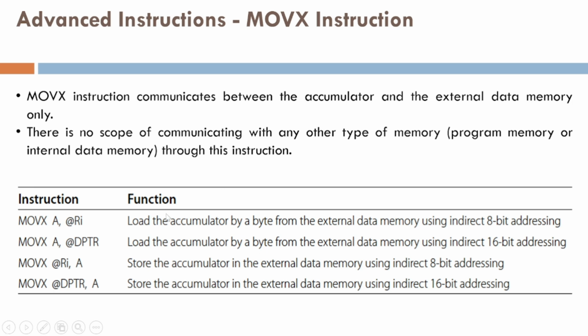Now, these two instructions above, MOVX A, @Ri and MOVX A, @DPTR, both load the content from the target memory. In this case, it is just the reverse. Here, the 8-bit content of the accumulator gets loaded into the target memory.